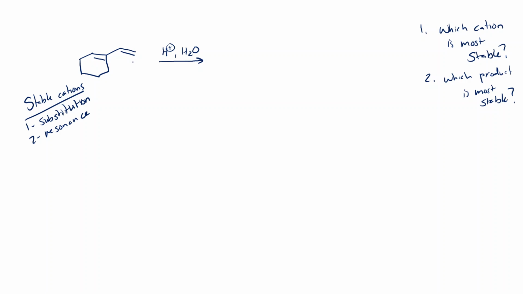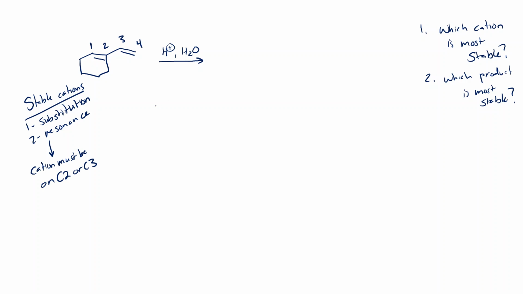So we have our conjugated system. There are 4 carbons in our conjugated system. I'm going to number them 1, 2, 3, and 4, just so that when I refer to them, I don't have to gesture at them with my pointer. So we have carbons 1, 2, 3, and 4. In order to get resonance, our cation must be on C2 or C3.